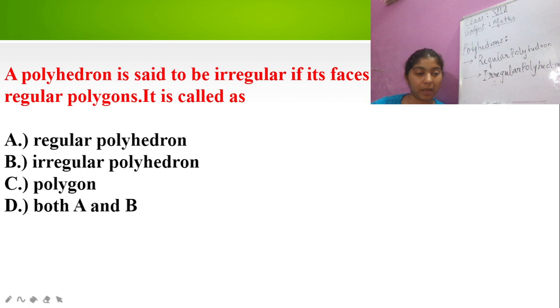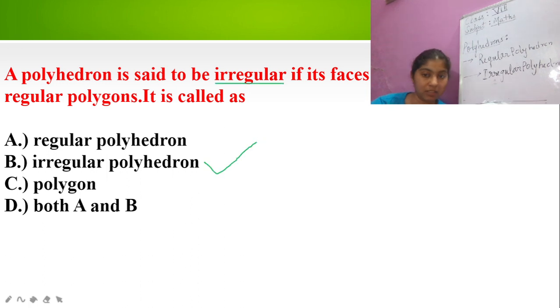Yes, very good students, we call it irregular, because we said its faces are irregular and not made up of regular polygons, so that's why we have an irregular polyhedron. So option B is correct.